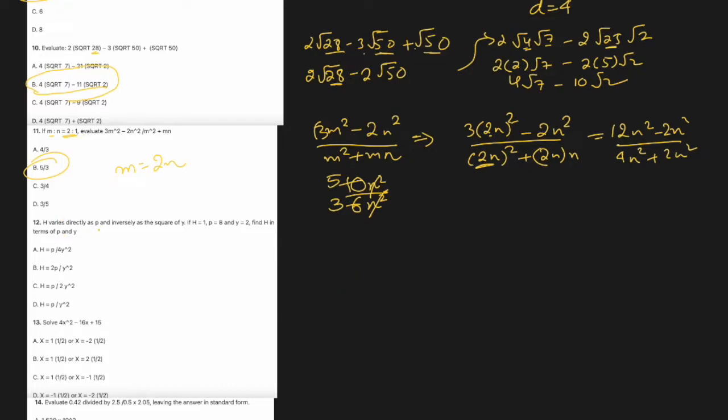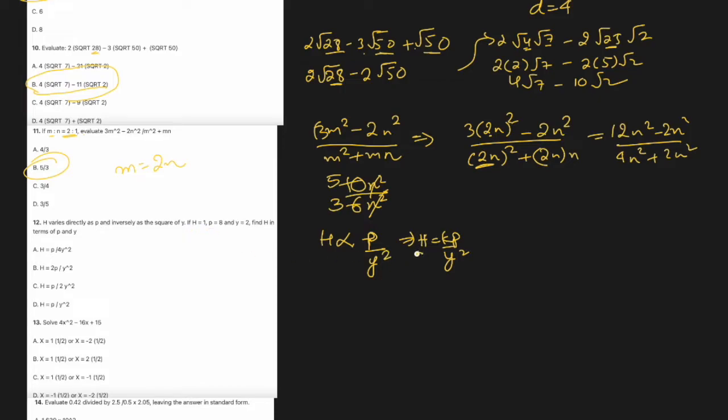H varies directly as P and inversely as the square of Y. That makes H equal to Kp over Y square.